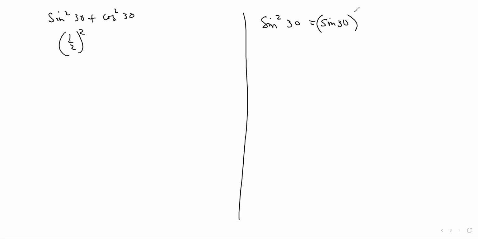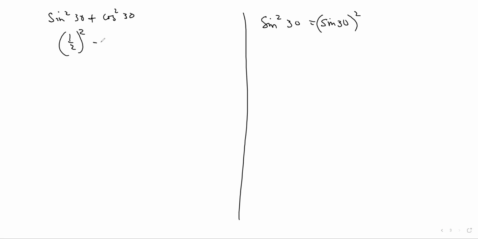For this same question, you can be given to solve for sine squared 30 plus cos squared 30. We have already said that sine 30 is half, but there's a square here, so you square everything, because sine squared 30 is the same as sine 30 all squared.